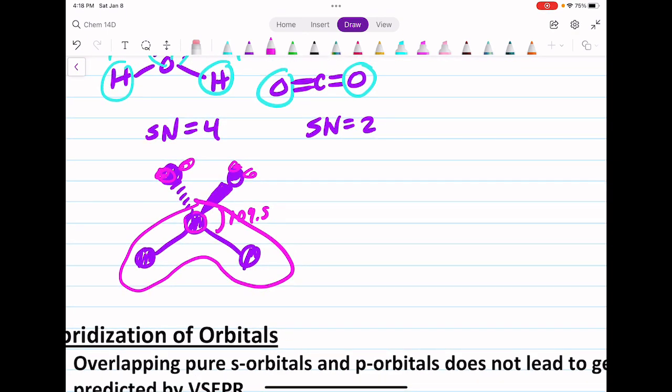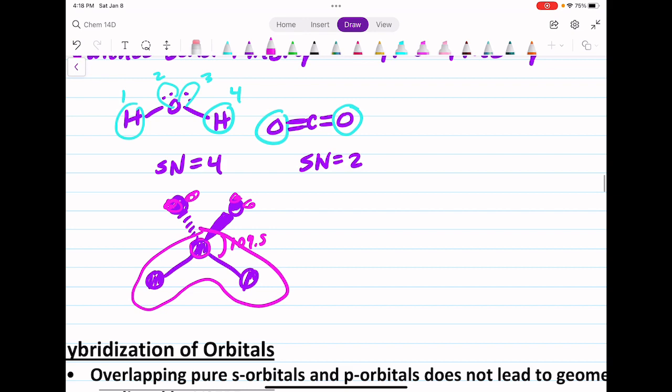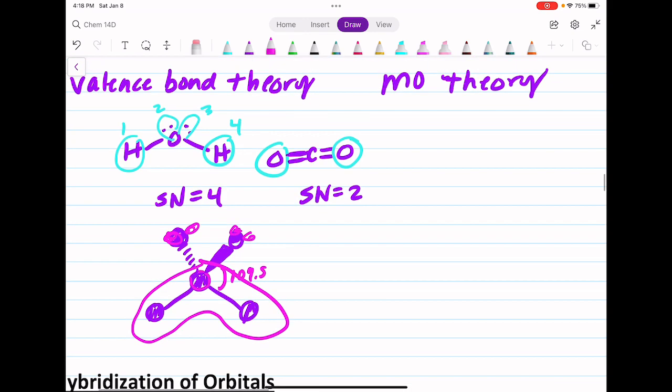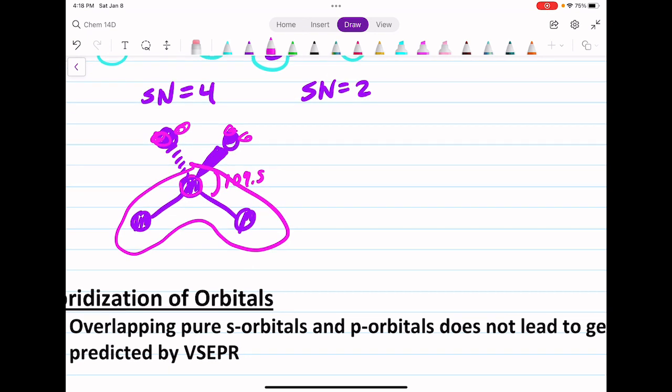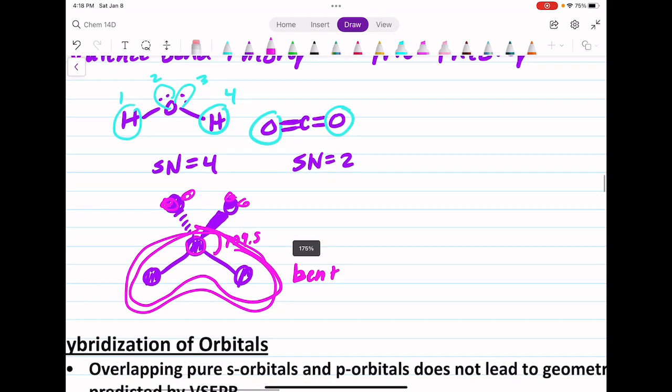They still affect the parent geometry, which in turn affects the molecular geometry. Because when we look at molecular geometry, we're not changing anything or removing the lone pairs. We're simply ignoring them in our assessment of geometry. So when we look at only the atom portions of that, you can see it gives what's referred to as a bent structure. So it's a bent molecular geometry with bond angles of approximately 109.5.